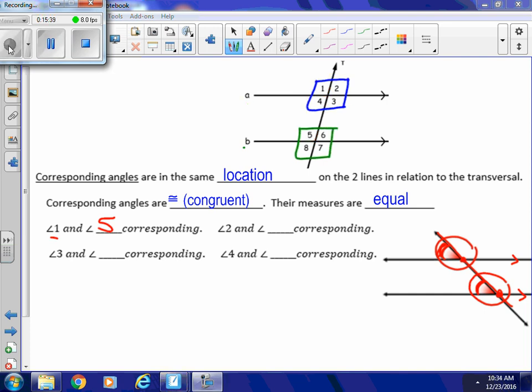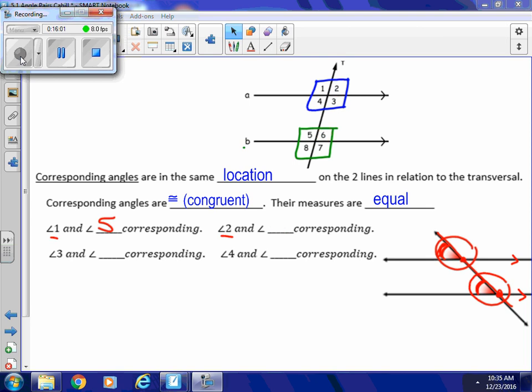Now let's see who's corresponding to angle 2. So angle 2 is in the upper right-hand corner of the blue intersection. Angle 6 is in the same location on the green intersection. So 2 and 6 are corresponding. Now let's talk about angle 3. Who's in the same location as angle 3?